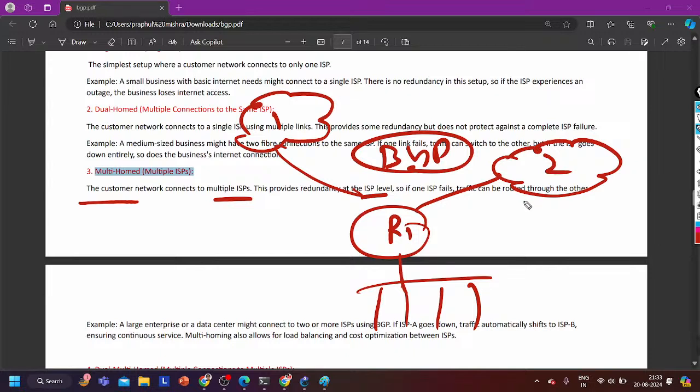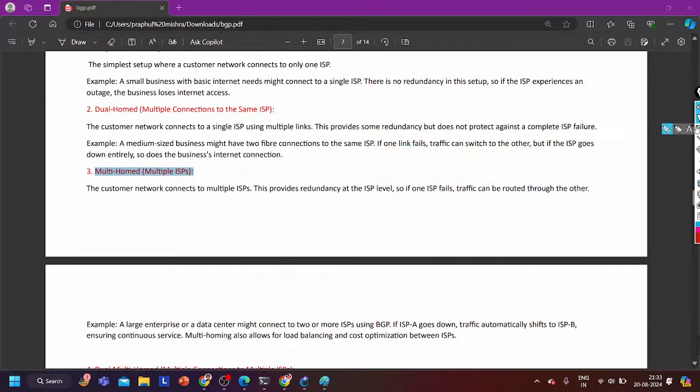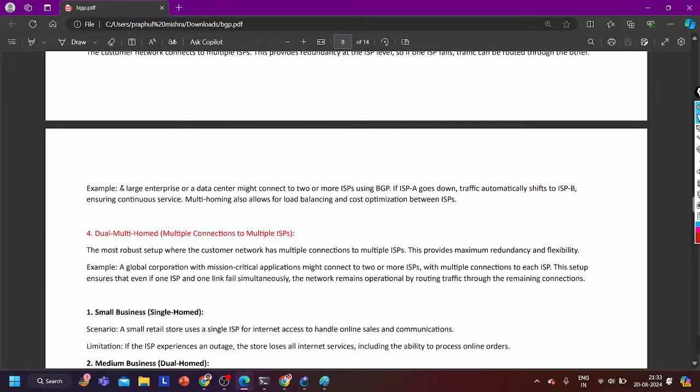Here we can perform load balancing by using BGP protocol. Definitely you will use BGP in this scenario. So here you have redundancy at ISP level. If one ISP fails, traffic can be routed through the other. Example, as I told you, enterprise. A large enterprise or data center might connect 2 or more ISPs using BGP.